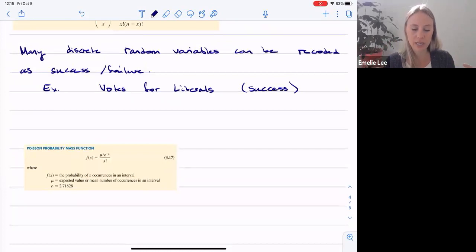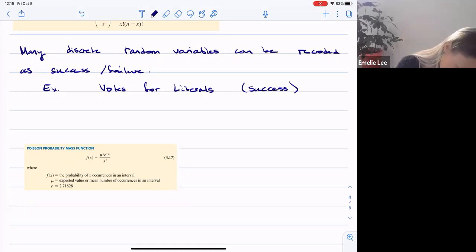Now, unfortunately, in a lot of these binomial situations, we're interested in the bad outcome. So a success would be if someone died from a disease, because that's the outcome that you're interested in. So success is kind of misleading, but just keep that in mind. A success is whatever you're interested in.